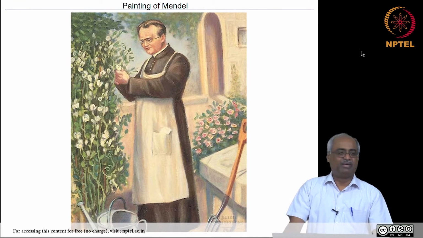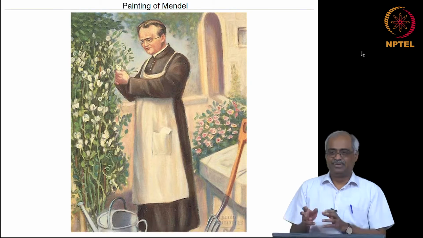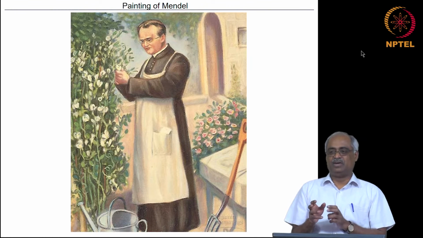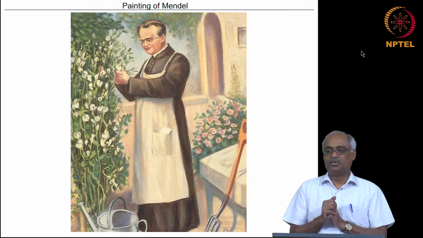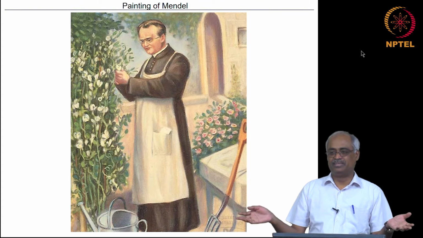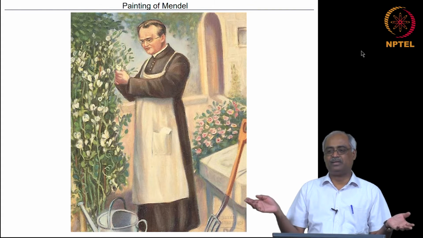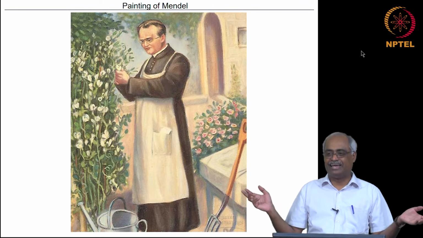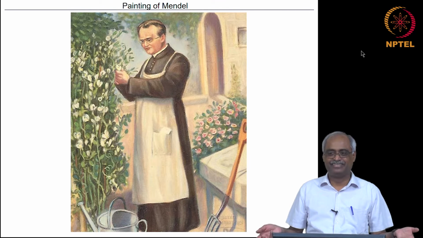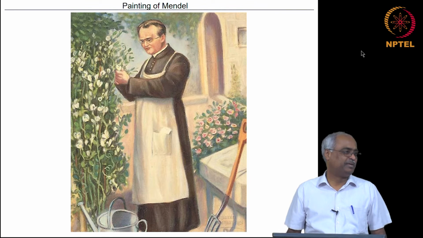But then there were contradictions to this in everyday observation. Like for example, let us say you have straight hair, okay. Your father has straight hair, your mother has straight hair, but your paternal grandmother had curly hair and you have curly hair. How will blending explain that, right?